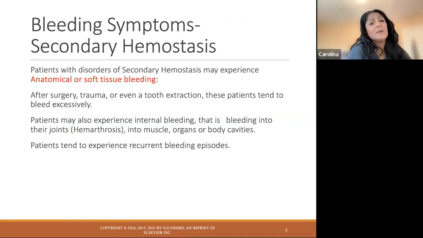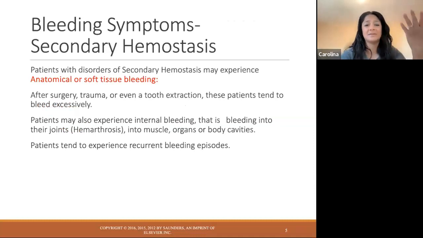And some symptoms with secondary hemostasis are a little bit different, more difficult to treat and balance, and something that we need to pay attention to. So patients with disorders of secondary hemostasis can experience anatomical or soft tissue bleeding. Anatomical bleeding is really bleeding into the organs. So it becomes a more complicated thing.